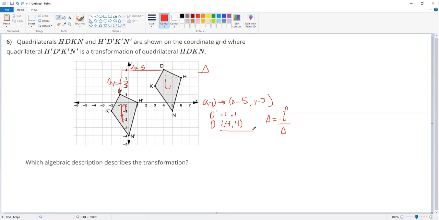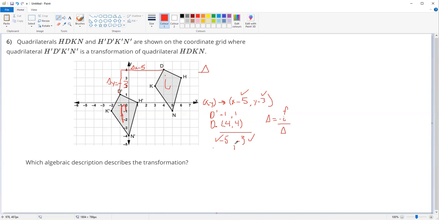So I've got to do the subtractions here. 1 minus 4 is -3. That's my y coordinate. Check. And then -1 minus 4 is -5. That checks. Either one of those would have worked.